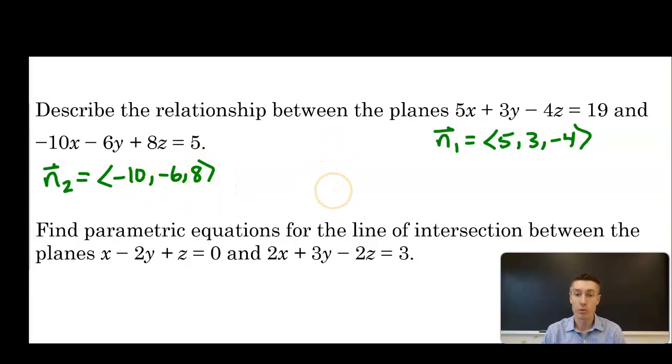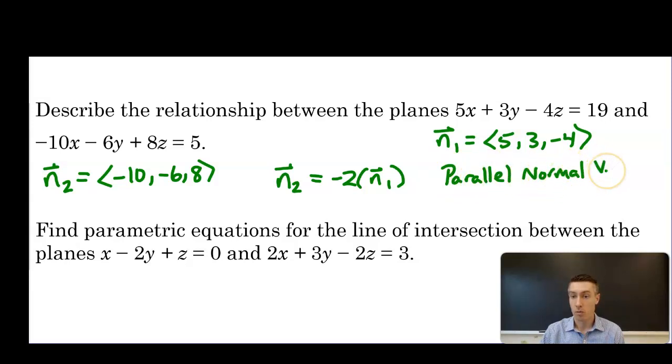If we compare the two normal vectors, we should notice that the second normal vector is negative 2 times the first normal vector. So they are scalar multiples. And when the normal vectors are scalar multiples, that means the normal vectors are parallel. So parallel normal vectors tell us that we have parallel planes.